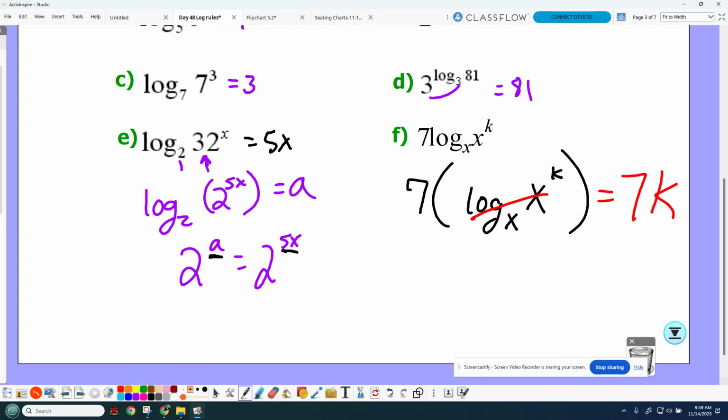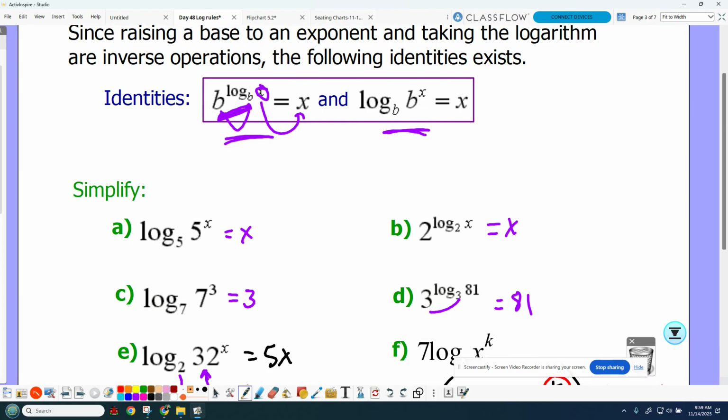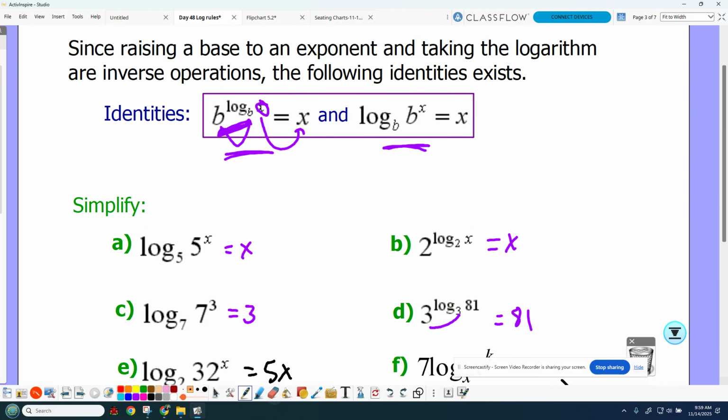Why, yes, it would. She said the log base x and the x cancel out, the k comes off. Yes? Yep. So log and exponent undo each other.